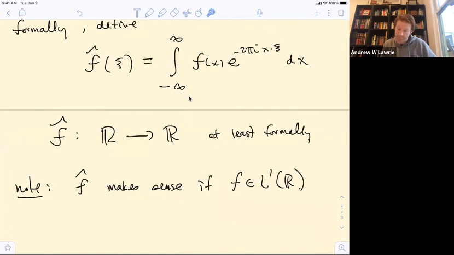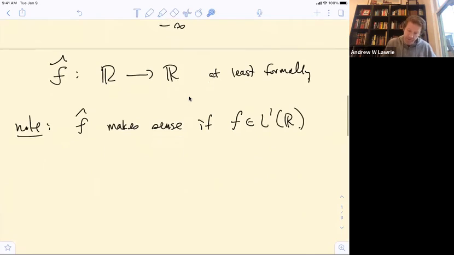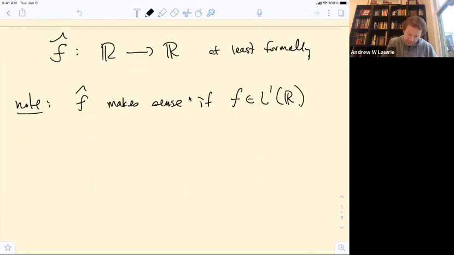This function just has norm 1, so if I put absolute values inside the integral, I just get the L1 norm of f. So in particular, this object is bounded by the L1 norm of f, uniformly in c. So here's our first theorem.